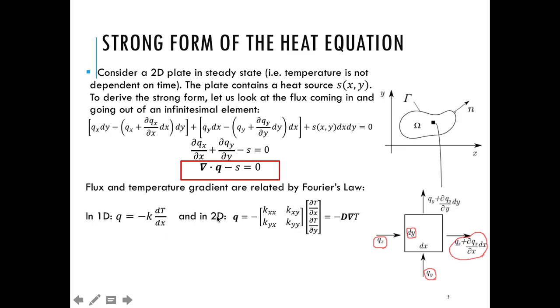But in 2D we have a gradient in the x and the y direction, such that the flux is related to the temperature gradient by a 2 by 2 material property matrix, which contains the thermal conductivities kxx, kxy, kyx and kyy respectively, essentially telling us how the temperature gradient in one direction affects the heat flux in a given direction.